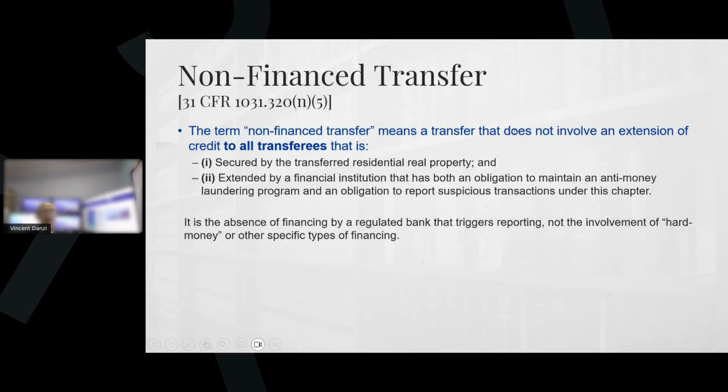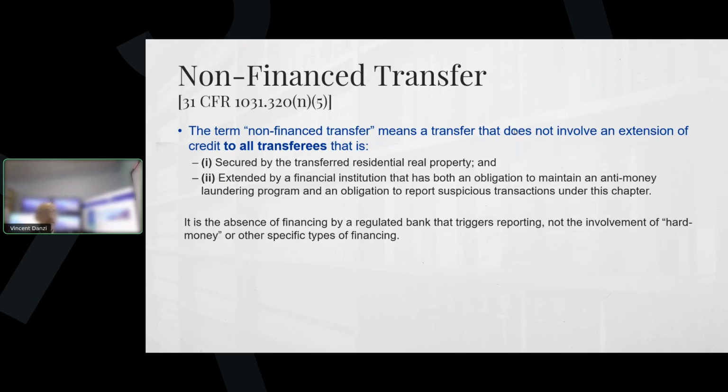A non-finance transfer. This is one of the areas where the residential real estate rule is different fundamentally from the geographic targeting orders. The term non-finance transfer means a transfer that does not involve an extension of credit to all transferees that's secured by the transferred residential real property and extended by a financial institution that has both an obligation to maintain an anti-money laundering program and an obligation to report suspicious transactions under this chapter.